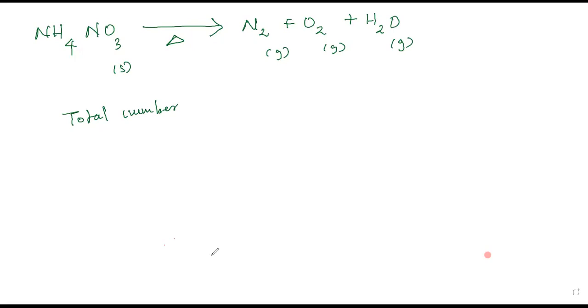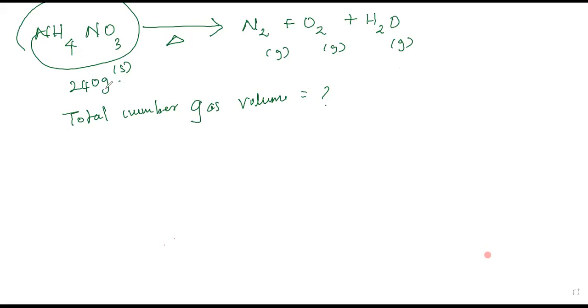Okay. So the total number of gas volume you should find. And they have given the mass of the ammonium nitrate, that is 240 gram.